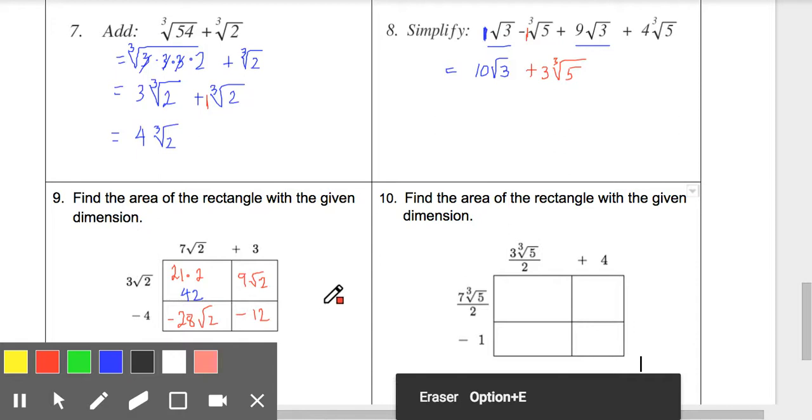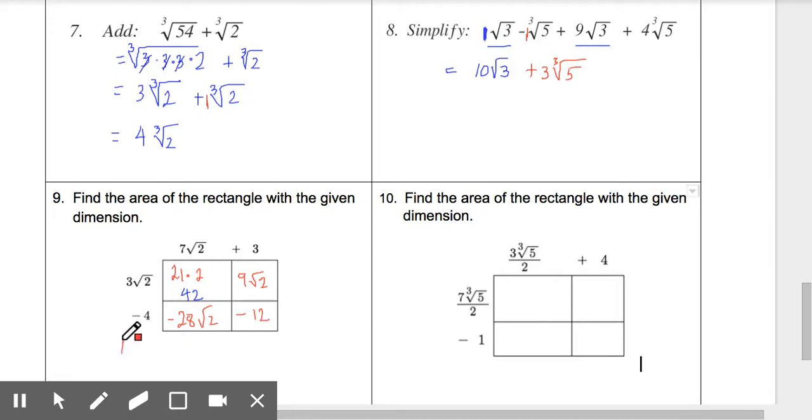Therefore, the area is, maybe I'll write the area here. Area is equal to 42 plus, then we can combine these two guys because they have the same radicand and the same index. So negative 28 plus 9 is negative 19 square root of 2, and then minus 12.